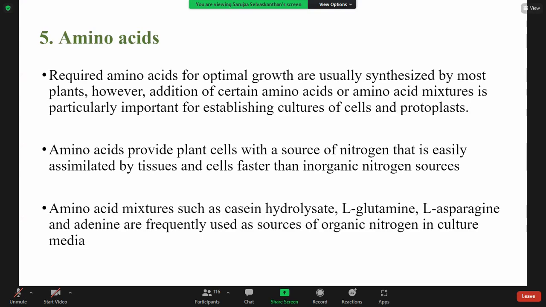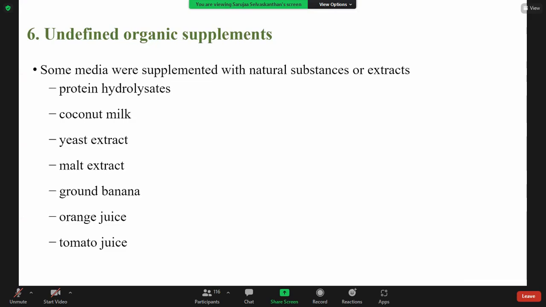Why do we have to add amino acids? Because that is a source of nitrogen which can be easily assimilated by the tissues and cells compared to inorganic nitrogen. Remember it, right? It's not compulsory. If you feel we have to add more nitrogen, then we can go with that.